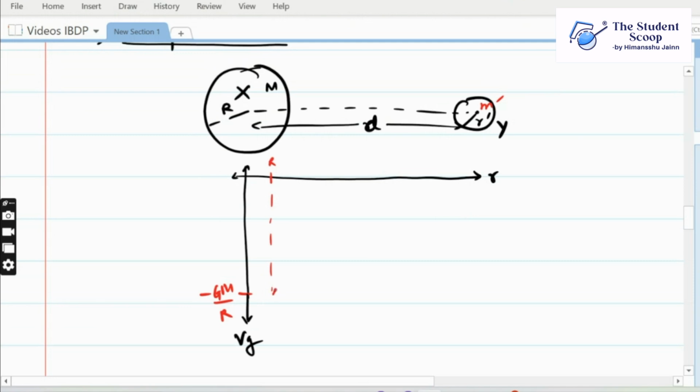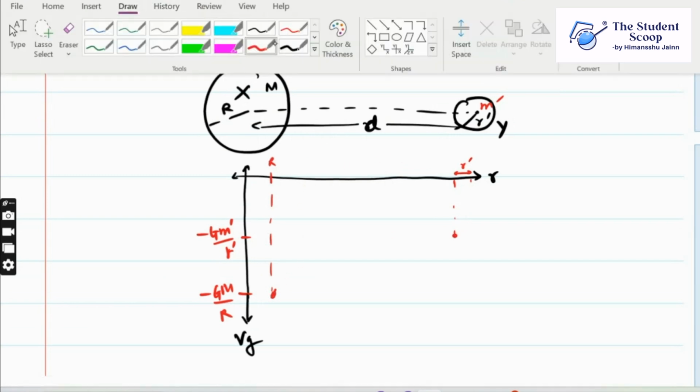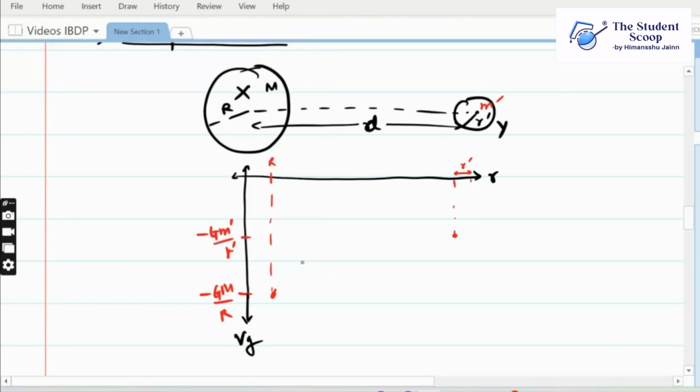For the other mass, it also has a radius R dash, so we take it from the surface, and it will have a smaller negative Gm dash over R dash as its potential, which you can draw here. Now between those two points, the potential first decreases and then it increases.